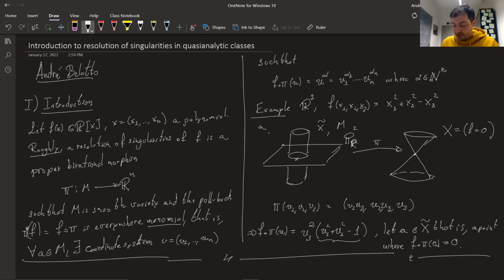Then in this case, we may change the coordinates here. We may note that the gradient of this function is always non-zero over the set X tilde. And therefore, by the implicit function theorem, we can find a way to rewrite it locally just as a monomial like this.